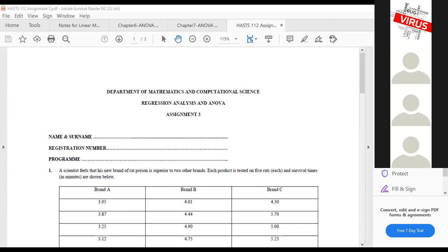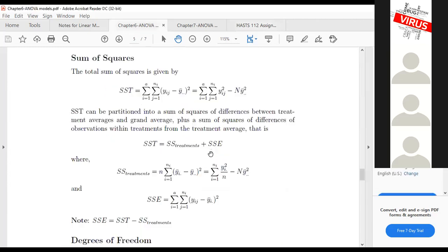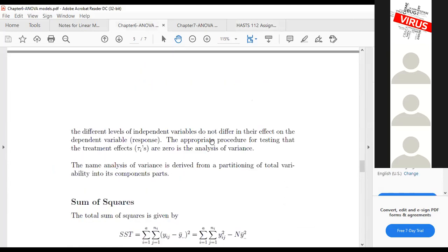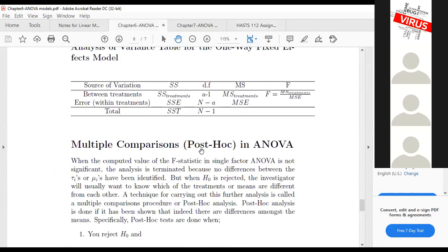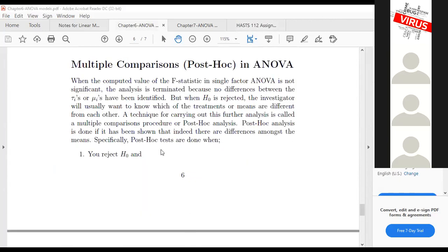Which formula are we supposed to use? Because for some treatments we'll have the same number of observations, and for other treatments we'll have a different number of observations. So which formula do we use to calculate the LSD?